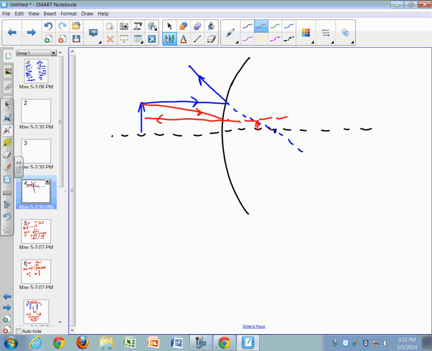I'll show you where the image is from the rays. All that will be done, but some of them will be done incorrectly. It will help you to know what type of mirror produces what type of image, because if I show you a convex mirror with a big old image, you know that's not right, right? Or if I show you a convex mirror with a real image, that's not right. Does that answer your question?